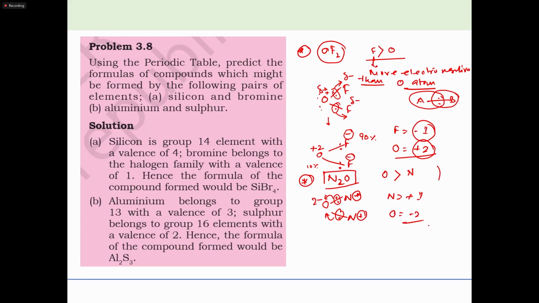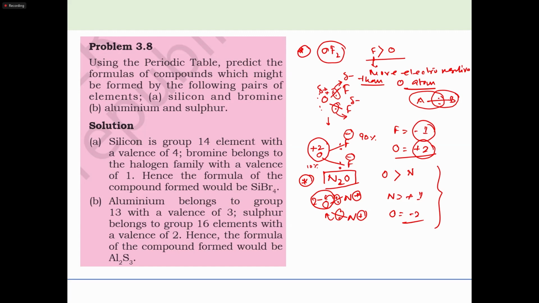So in this way, you have to see what the valency is. In this compound, the valency of the oxygen is changing. Here it is plus 2, but there it is minus 2 because of the neighboring elements. The neighboring element here is fluorine, which is bonded to this oxygen and is more electronegative than the oxygen. But here the nitrogen is bonded to the oxygen, and the nitrogen is less electronegative than the oxygen.